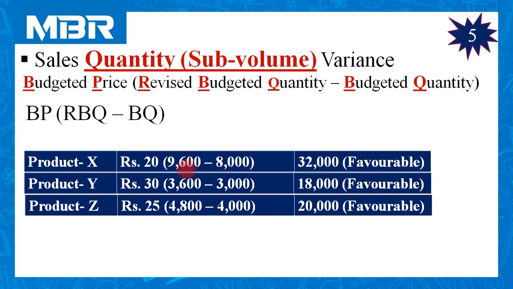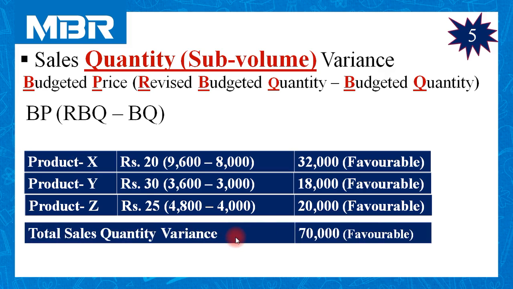And in case of product Z, a similar calculation is applicable. 25 rupees budgeted price, revised budgeted quantity 4,800 minus budgeted quantity as given by the examiner in the question, 4,000. 800 units multiplied by 25 rupees. So 20,000 favorable. Total sales quantity variance rupees 70,000 favorable.